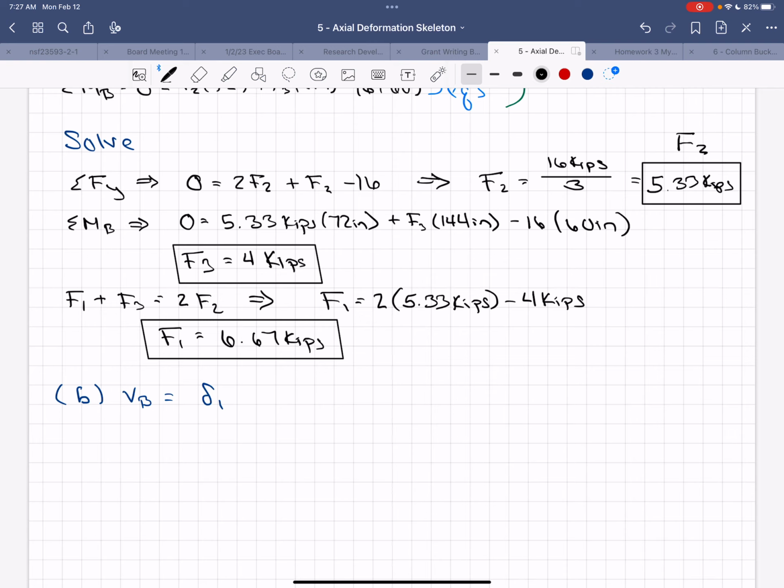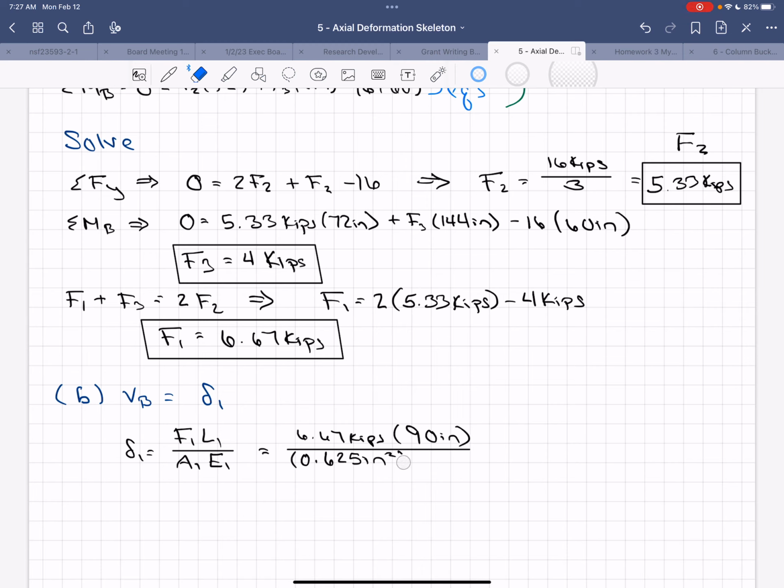So then we can write that delta 1 equals F1 L1 over A1 E1. So that equals 6.67 kips times the length, which was 90 inches, all divided by 0.625 inches squared is the cross-sectional area. Oh no, that's the diameter.